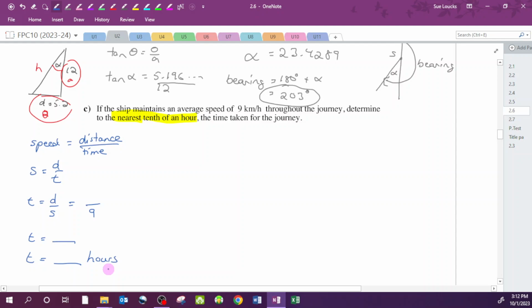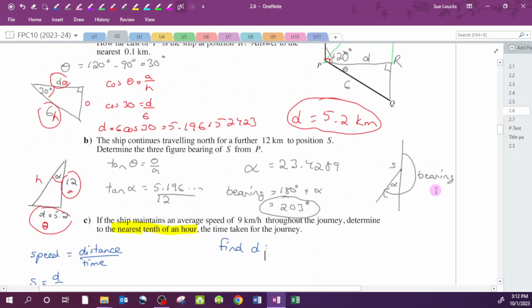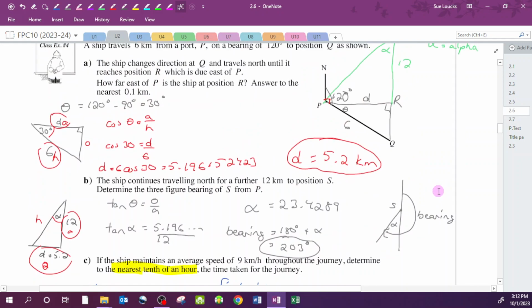Okay, so now we can go and find D. So if I go back to my drawing, way up at the top, my distance is going to be 6 plus this distance.